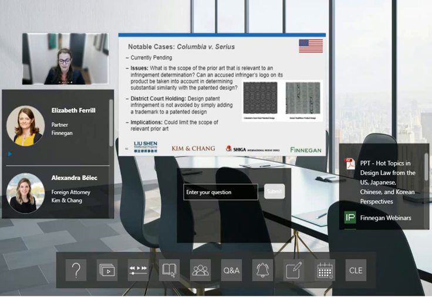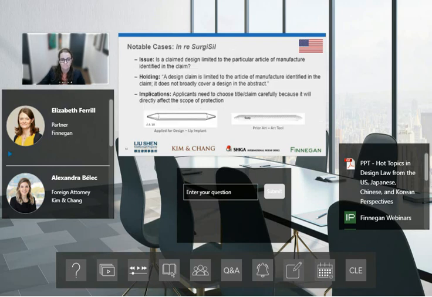So we will see how that turns out. But this case could not only limit the scope of relevant prior art, but it also could be an important one for companies to consider if they are in a space where it's possible they might run afoul of someone else's design patents.